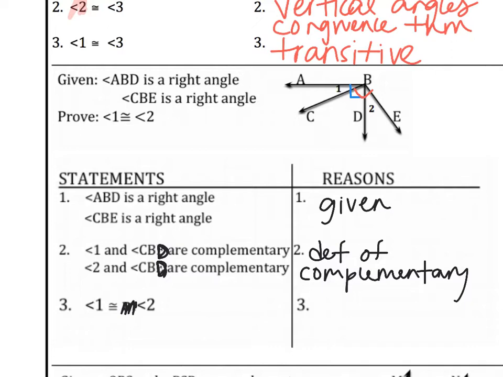Angle 1 and CBD are complementary. Angle 2 and CBD are complementary. So what can we conclude? Right. They are both complementary to CBD, and so they are congruent to each other.